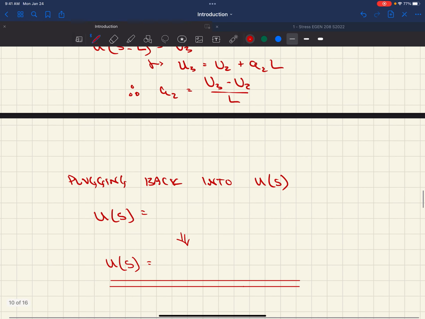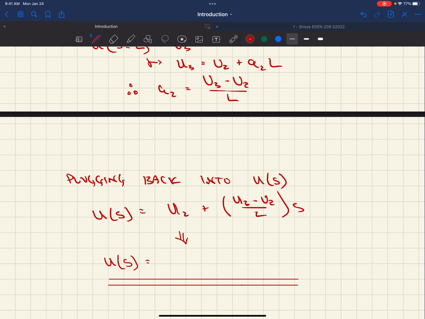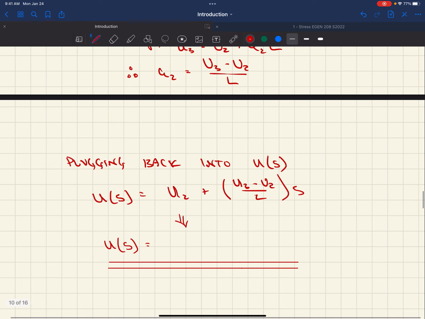So if we plug it all back into u of S, we get U2 plus U3 minus U2 over L times S. We know what A1 is, we know what A2 is. What's incredibly valuable to us, in the finite element method, is that we're just discretizing, separating it into finite regions.